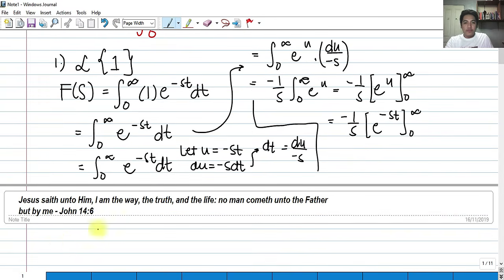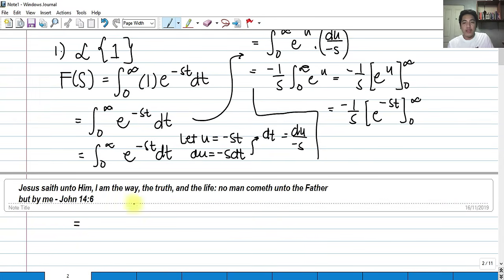Now we evaluate the limits: negative 1 over s, e raised to negative s times the upper limit, infinity, minus e raised to negative s times 0, the lower limit.